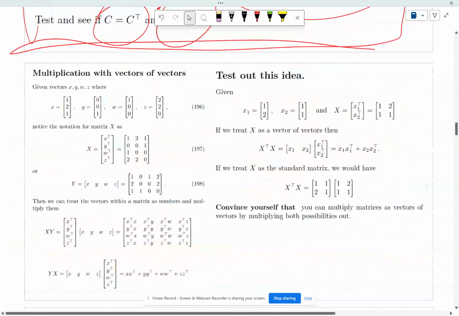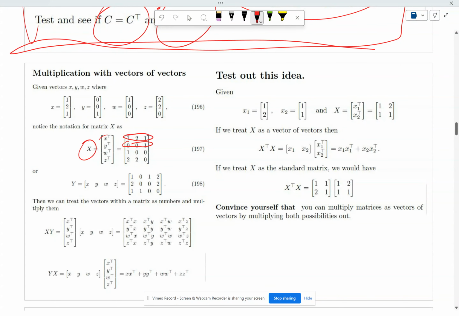Okay, the next idea we need to cover is multiplication with vectors of vectors. So let's say we have four vectors, x, y, w, z. One way to represent x, a matrix, is with each row as a vector. So x transpose as a row, y transpose as a row.